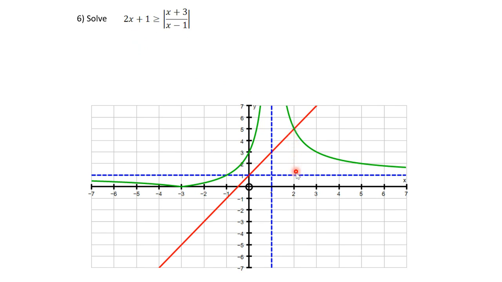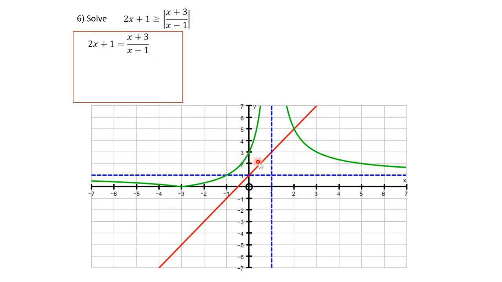Obviously in this graph, I can see perfectly what my x value is, but that's because it was done on a computer package. You would need to work out what that value is. So what are you going to do? You're going to solve where 2x plus 1 is equal to my hyperbola, but because this part hadn't been bounced, we didn't bounce it when we found the absolute value, the straight line is equal to the positive version of that.